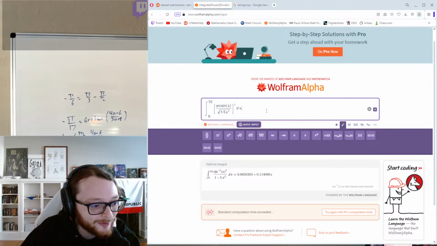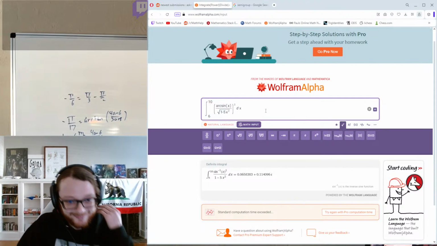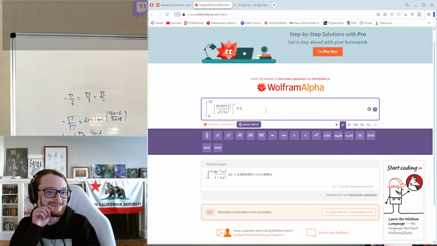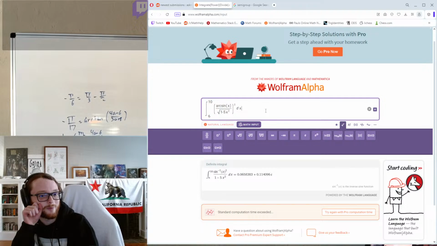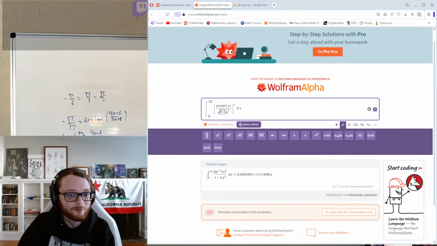It's on your calculus exam? Really? This? Now, if that was a regular sine on top, then we're talking. But arcsine? That's puzzling to me. And the squared being like that is super weird, because why is this square root even here then?